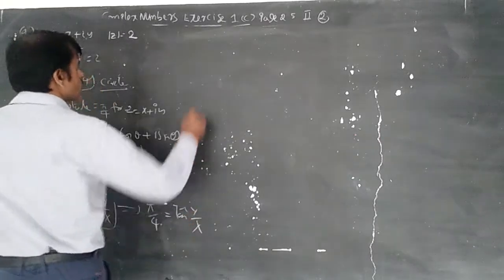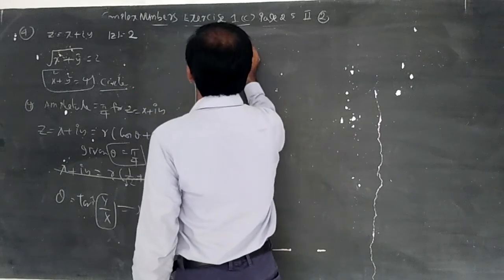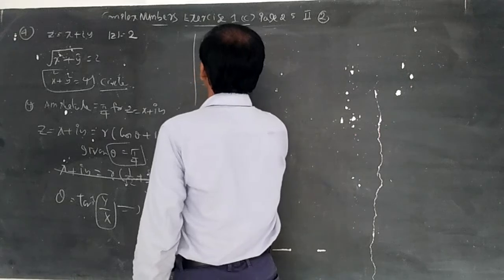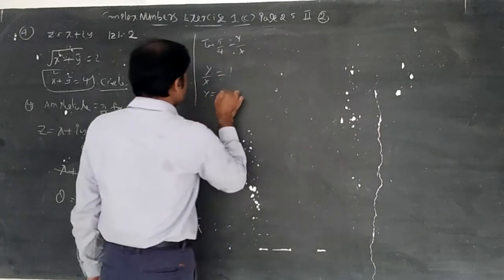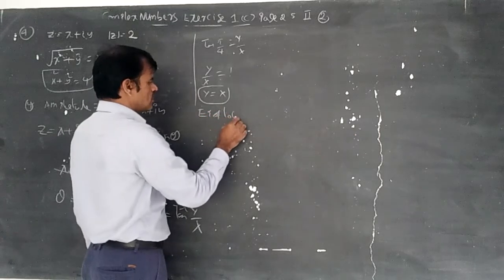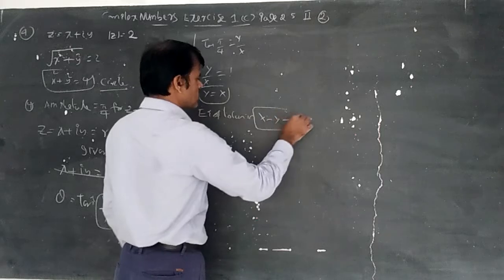What is the value of tan 45? Tan 45 equal to y by x. So 1 is equal to y by x, y is equal to x is the equation of locus. Equation of locus is x minus y equal to 0.